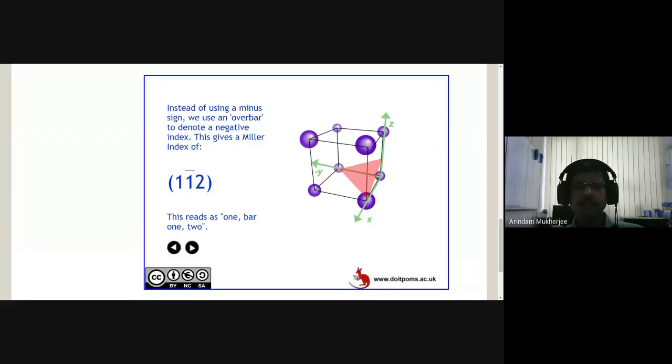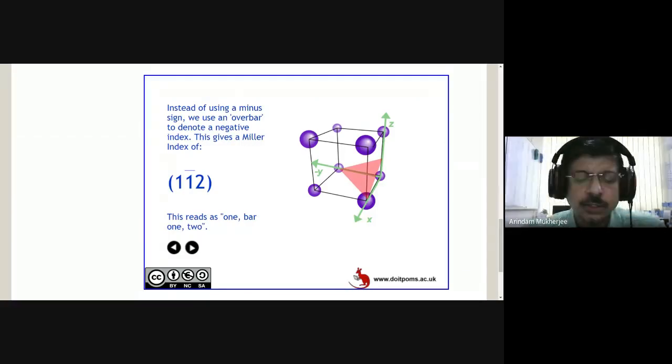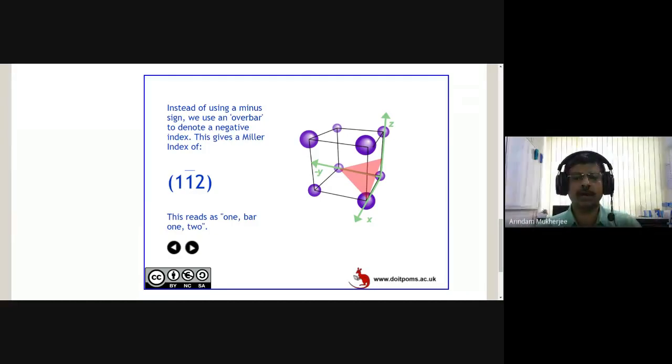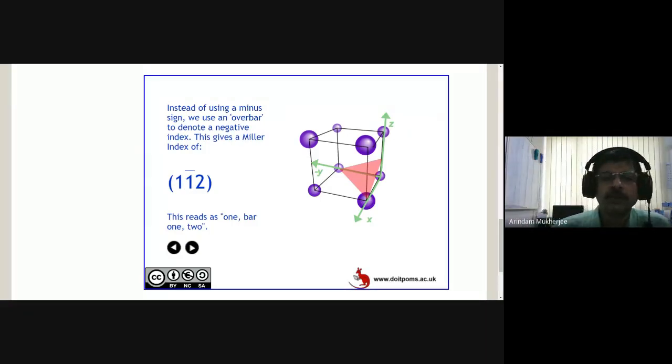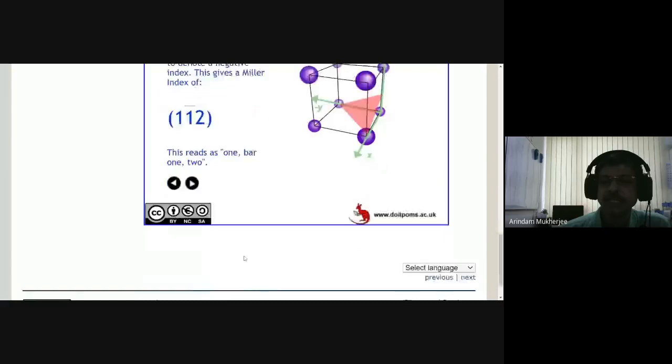In fact, in crystallography, you always write -1 as 1 bar, -2 as 2 bar, like that. The number on top, you put a bar. For those who may still have a problem, just imagine that you put the minus sign on top of the digit instead of beside the digit like you do in regular mathematics. That's the exception. So this reads as 1, 1 bar, 2. That's the plane. That's a negative Miller index.